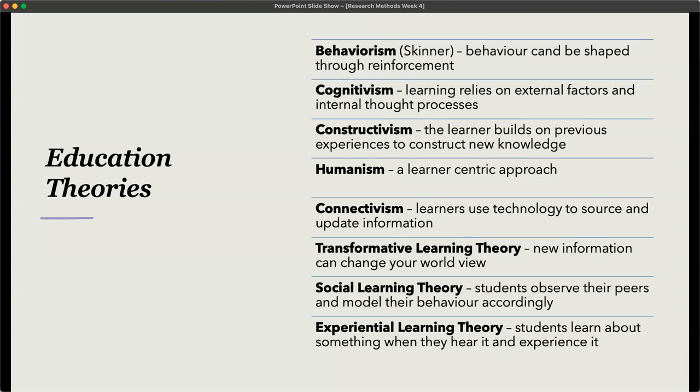Humanism, a learner-centric approach. Connectivism, learners use technology to source and update information. Transformative learning theory, new information can change your worldview. Social learning theory, students observe their peers and model their behavior accordingly. And experiential learning theory, students learn about something when they hear it and experience it.